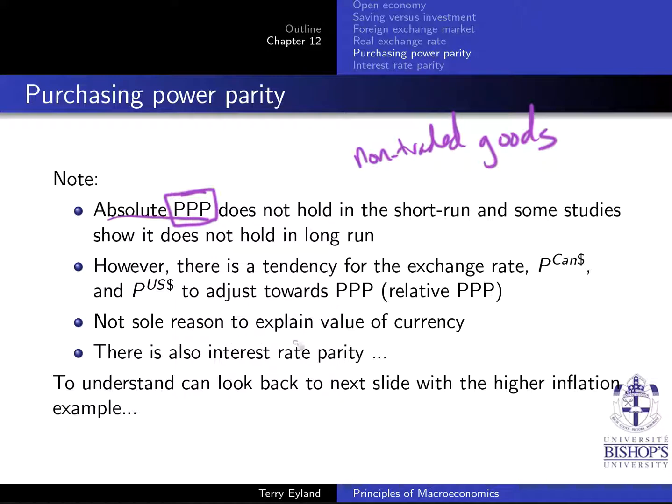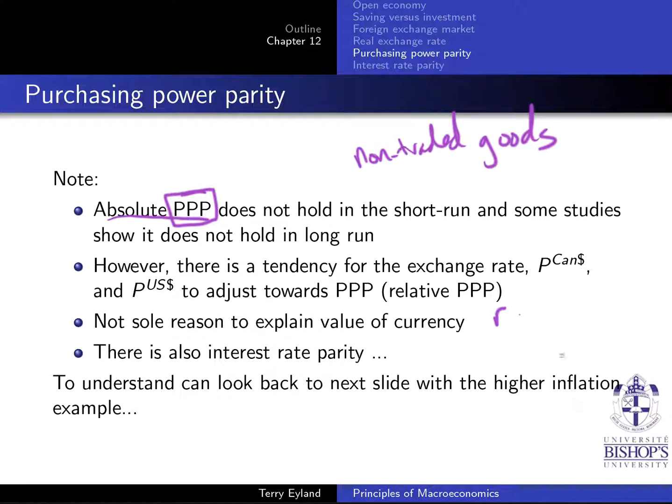So this is not the sole reason to explain the value of a currency. We've looked very briefly before at the idea of relative interest rates, whether they're higher or lower, and that's what we'll talk about a little bit in the next section, interest rate parity. But you could also think about higher inflation rates between different countries and what kind of influence that will have.